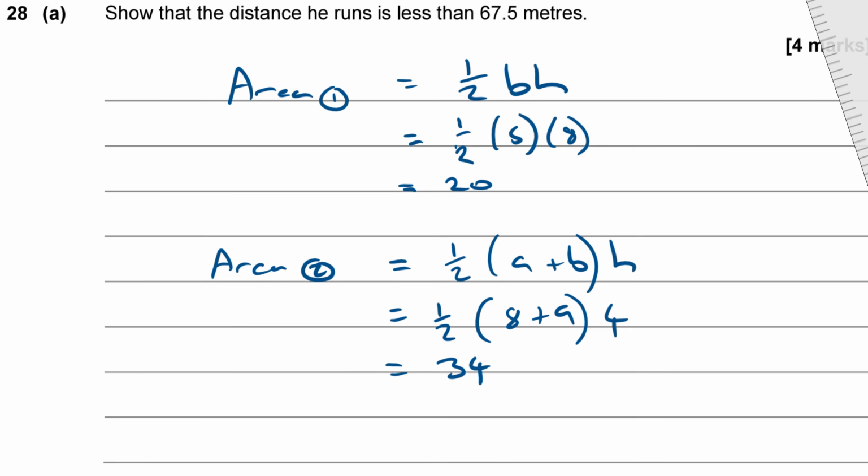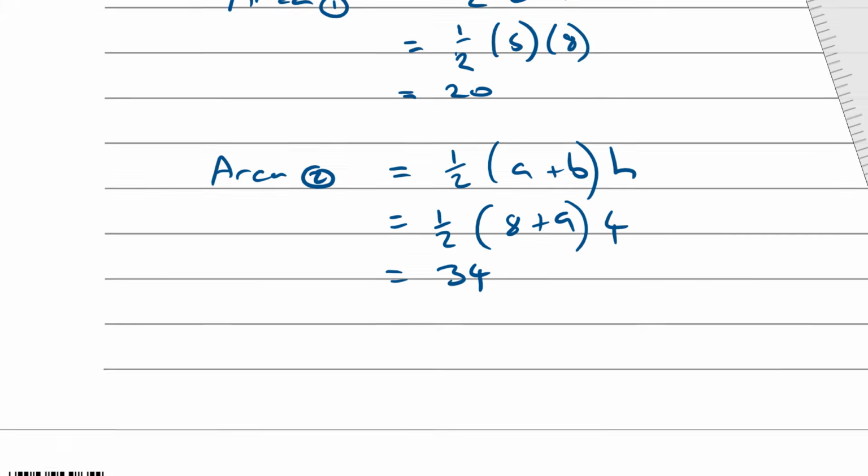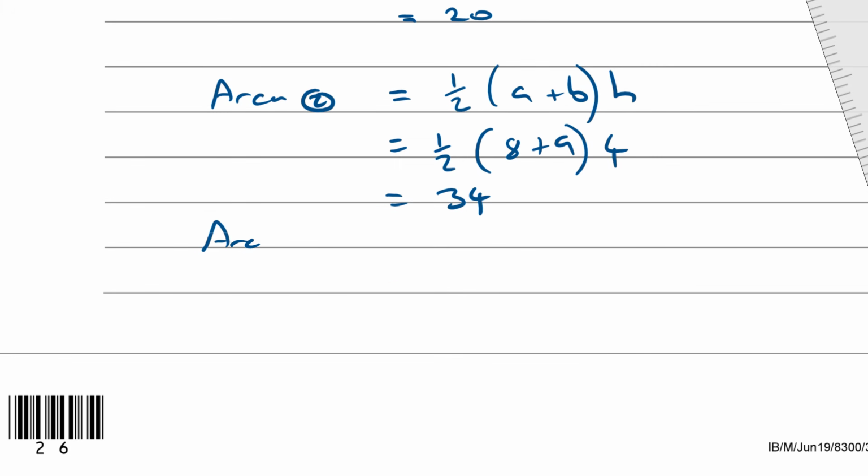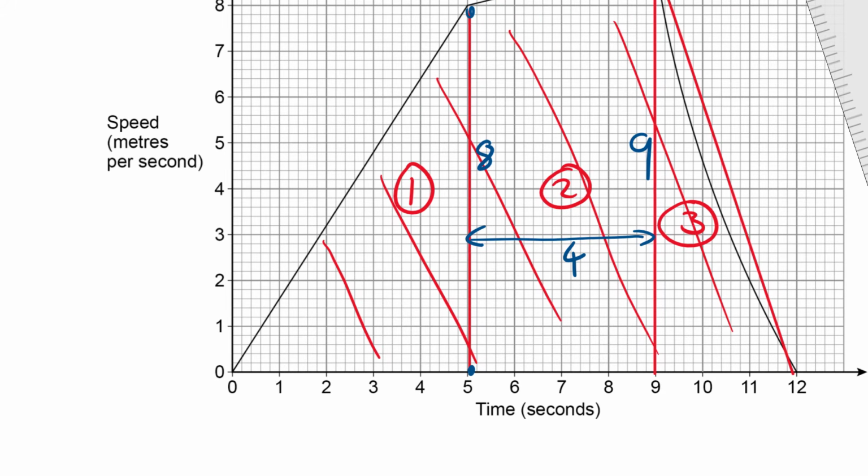And then finally I've got area 3. Now area 3 is going to be slightly less than the triangle I've drawn, isn't it? Which has got a height of 9 and a base of 3.